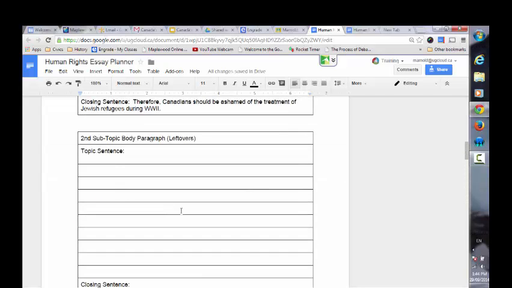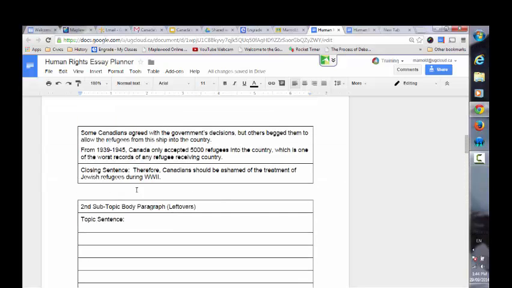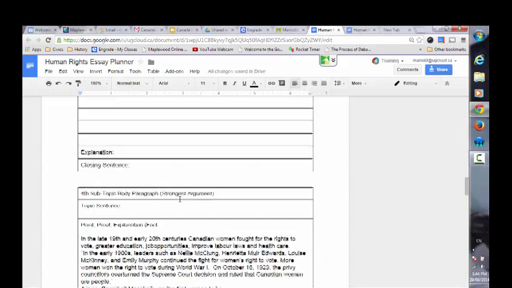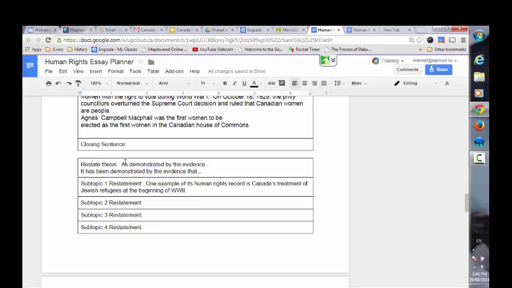After that, I've crafted a thesis for you, and this is the same thesis that you used for your presentation. So that thesis is fine. At the bottom, you would restate the thesis here. So as demonstrated by the evidence, Canada's human rights record is one that we should be ashamed of or proud of or whatever.